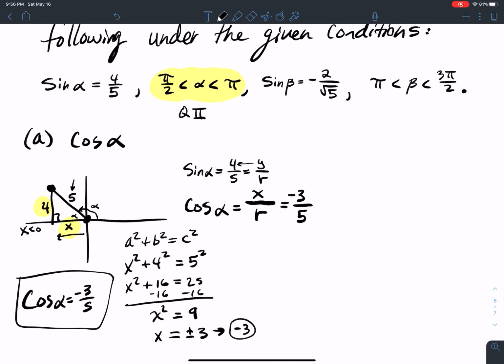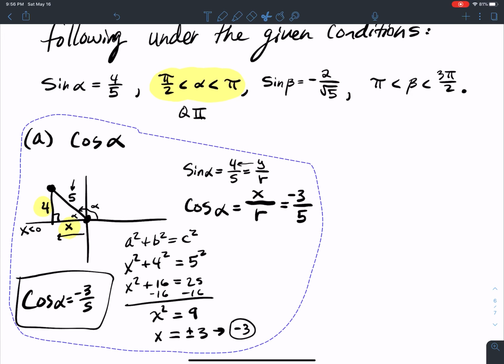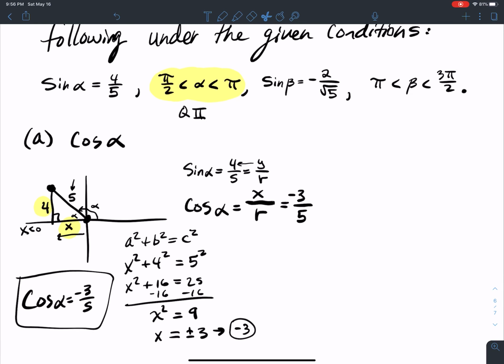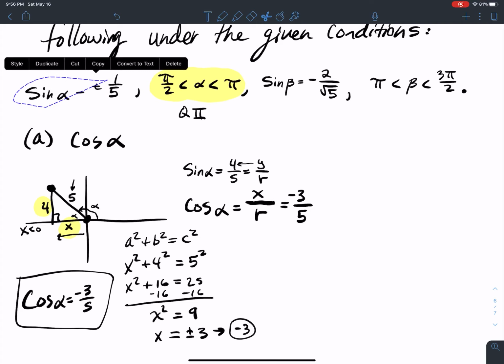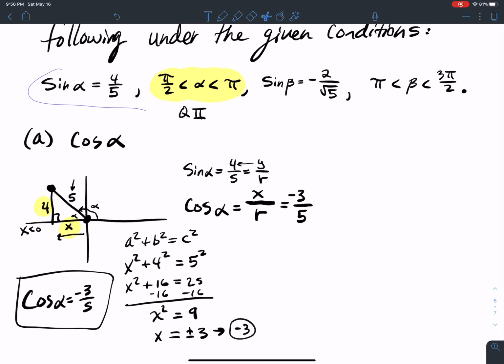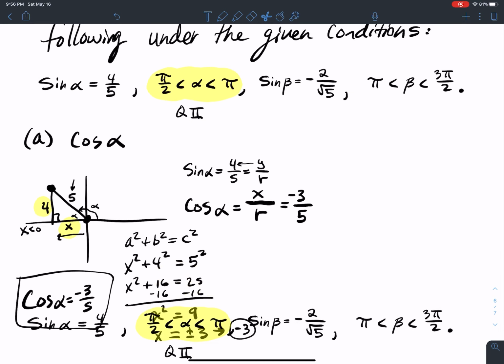For the next one, let me move these conditions down.